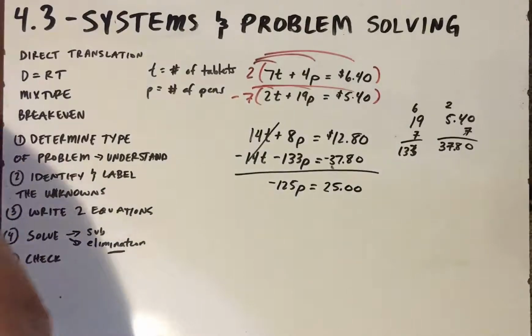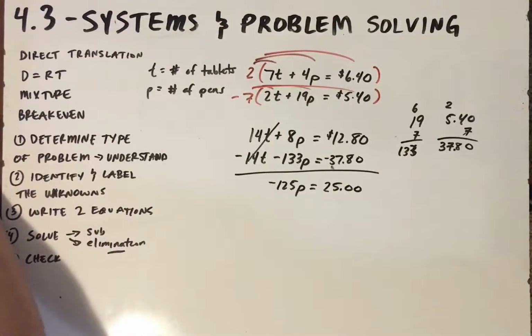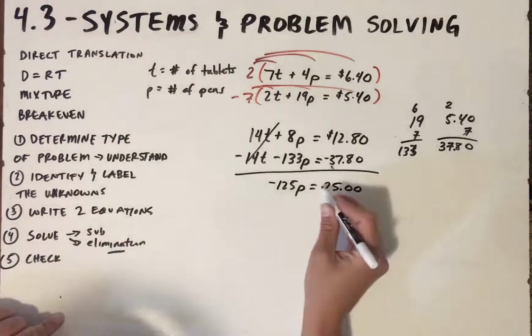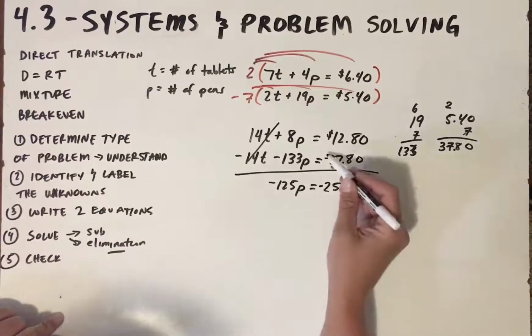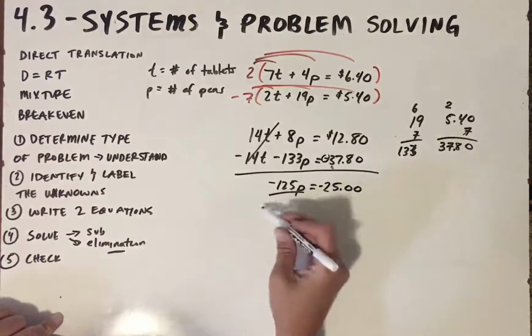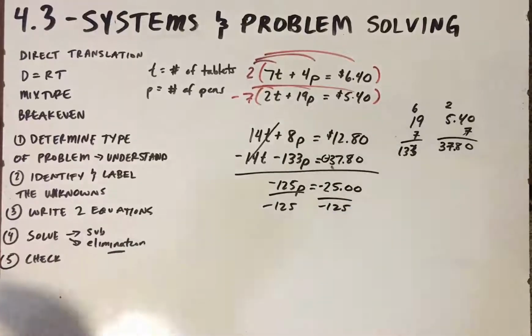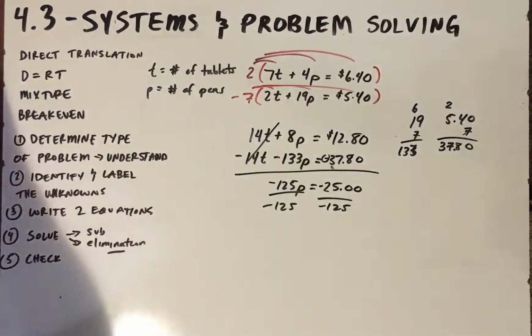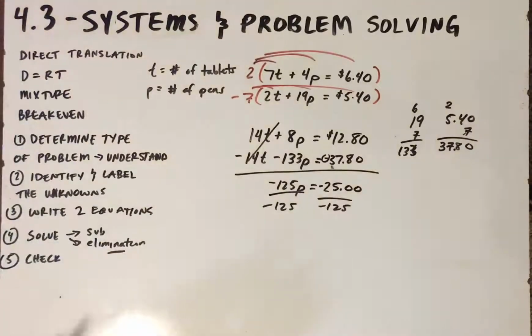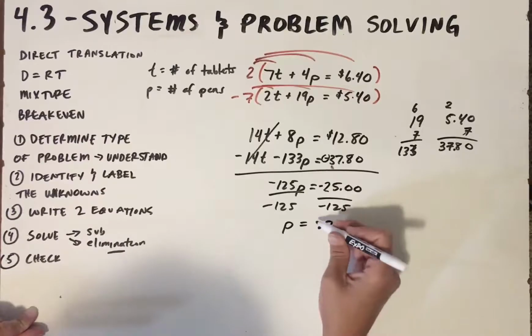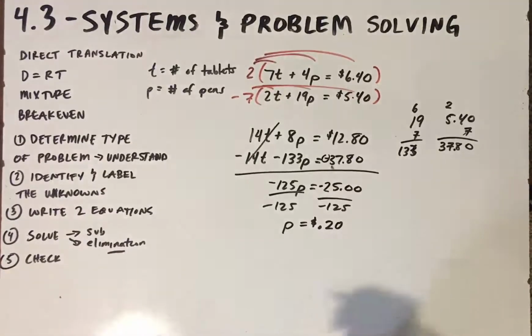Now, if I want to find this value, I'm going to divide negative 25, because that's negative right here, by negative 125, and if you take 25 and divide it by 125, that gives you 0.2. So P is going to be equal to 0.2, or in other words, 20 cents.